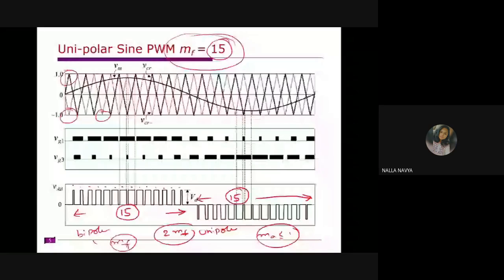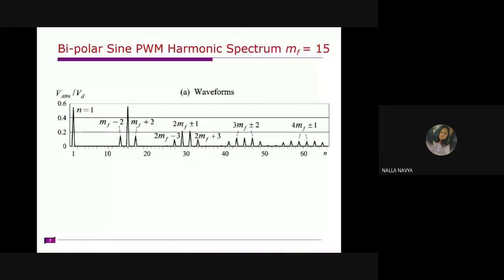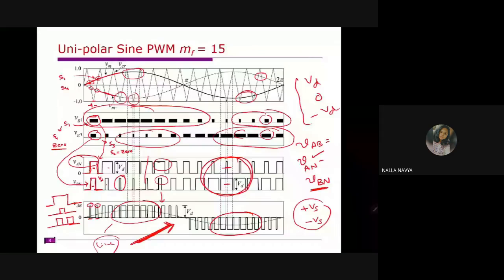It's clear? So now we move forward to harmonic spectrums. So this is the bipolar harmonic spectrum, corresponding to MF equal to 15.